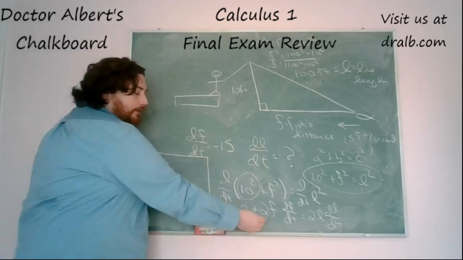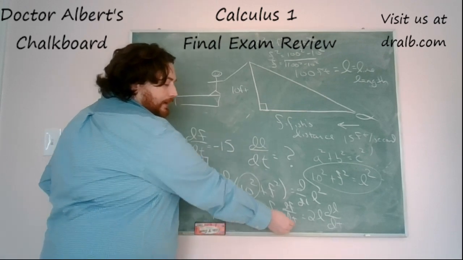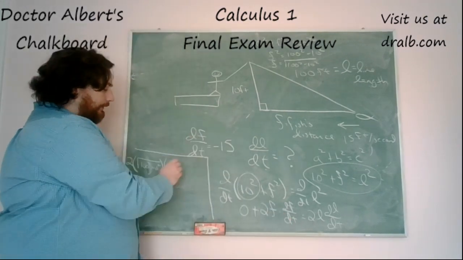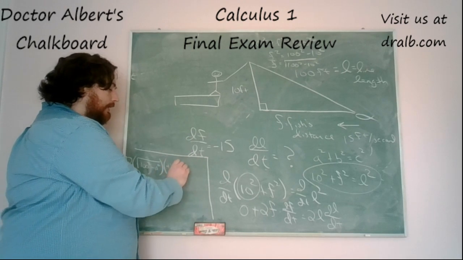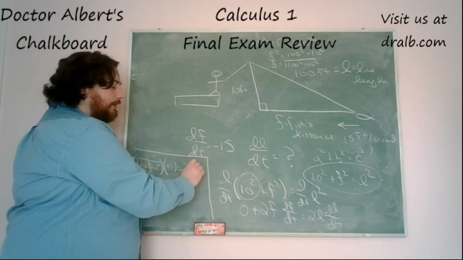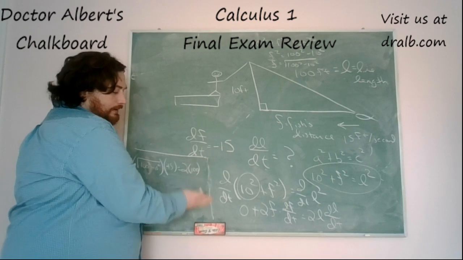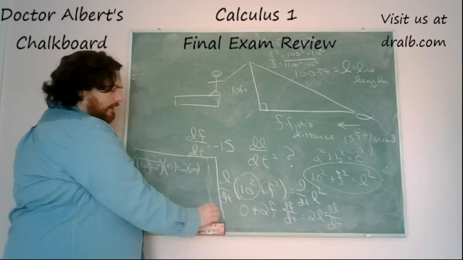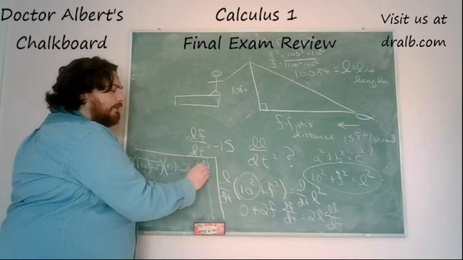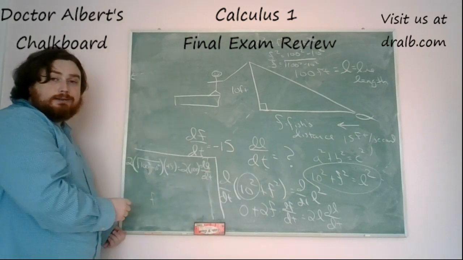But as I continue through, I have 2. I now have f. df/dt is negative 15. Is equal to 2. L is 100. And then dL/dt is what we're looking for, so we're going to leave it as dL/dt.